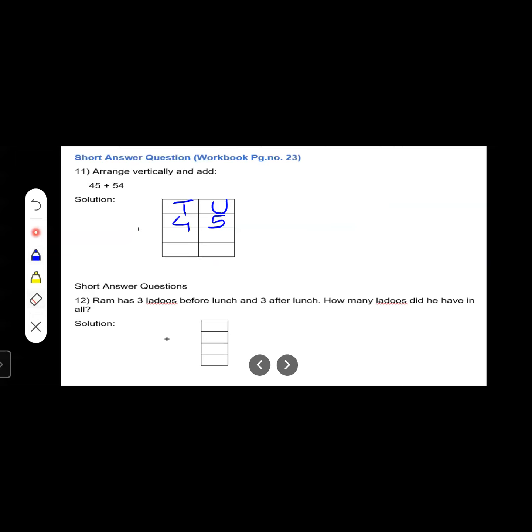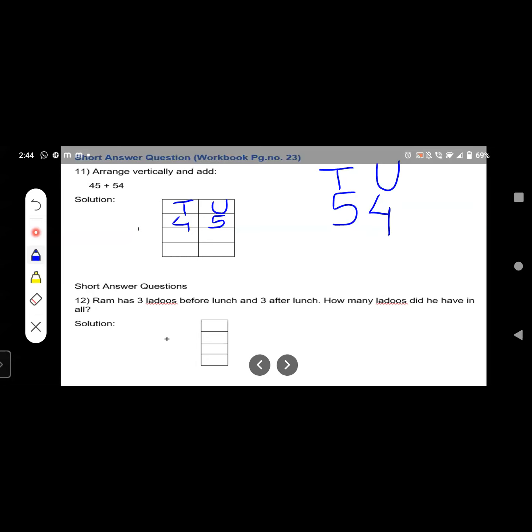Now we will arrange the second number given, that is 54. Now tell me, 5 is in which place? Tens place. And 4 is in units place. This much you know?